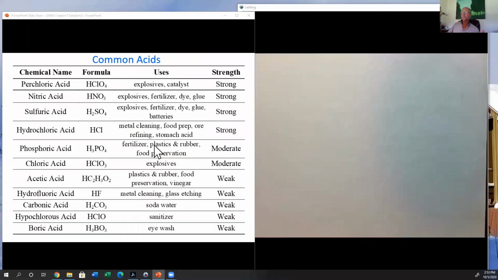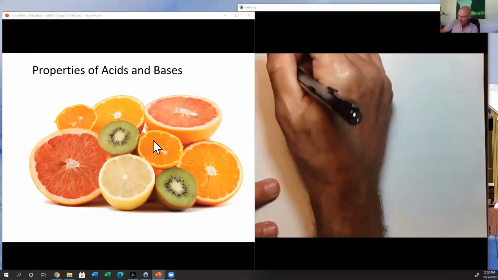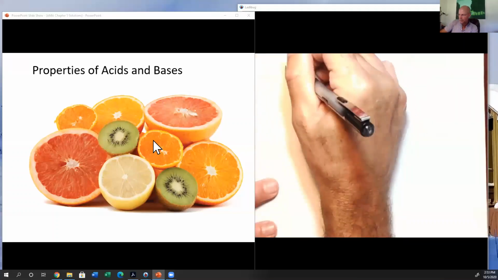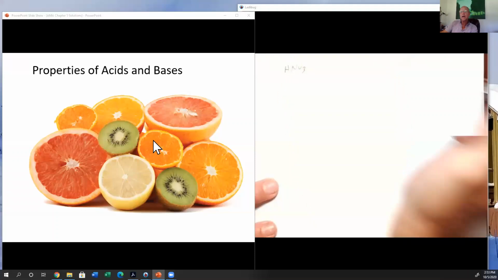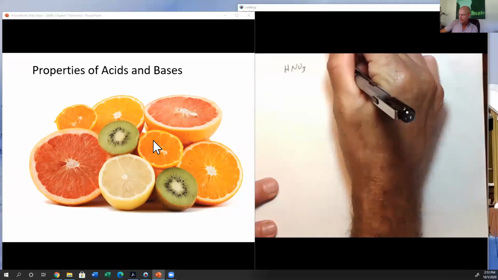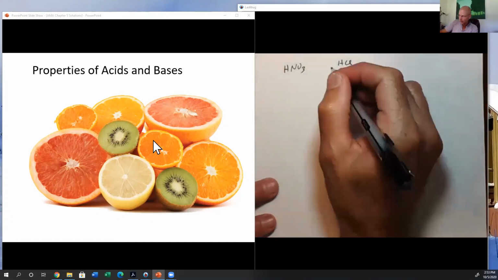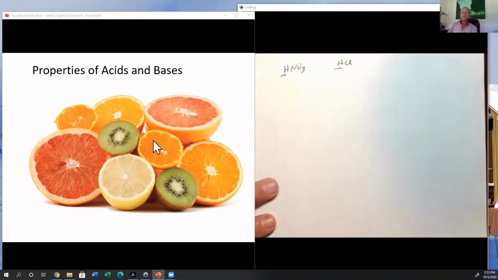They also tend to dissolve metals. And we're typically going to write them in the form of some hydrogen plus perhaps a polyatomic ion, like that. That's nitric acid. And then HCl would be another example. That'd be hydrochloric acid. But we're going to recognize them by that H out in front.